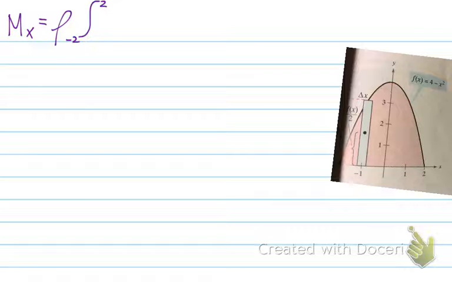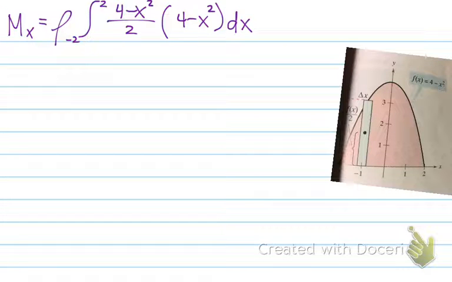So f of x over 2, which is actually f of x is just 4 minus x squared over 2. And then times, the rest of the formula says to multiply that times f of x minus g of x, which is just 4 minus x squared dx.